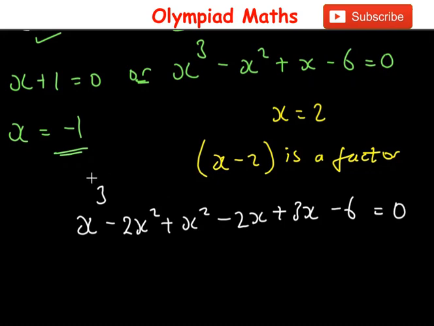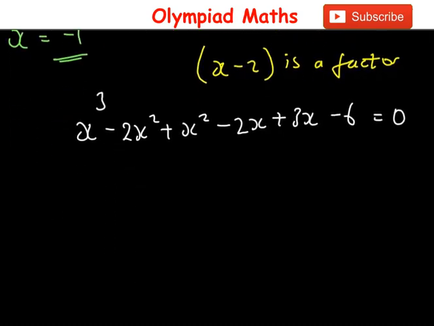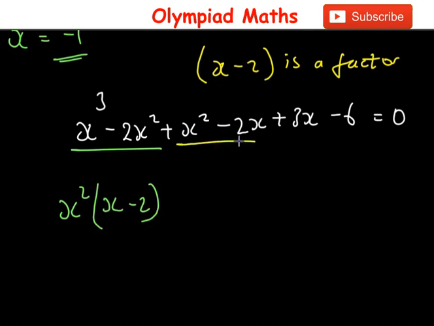This equals 0. So with this, factorize out x squared from this. We have x squared into bracket, we are left with x minus 2. Also, from this right here, factorize out plus x. We have x minus 2. And from this, factorize out plus 3.